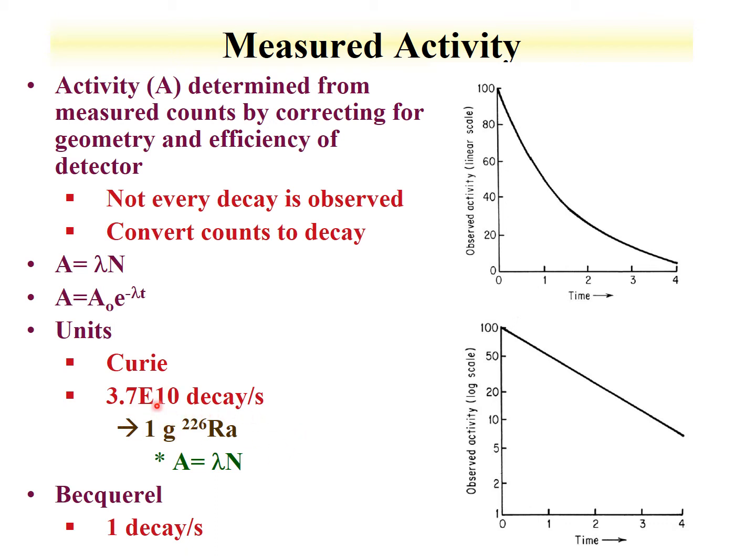If I calculated the number of atoms in a gram of radium-226, so 1 divided by 226 times a mole, times the decay constant, with a half-life of about 1,600 years for radium-226, I get an activity of 3.7 times 10 to the 10th decays per second. So a curie is based upon 1 gram of radium-226. So there are 2 activity units that are used: the becquerel, decay per second, and the curie, 3.7 times 10 to the 10th.